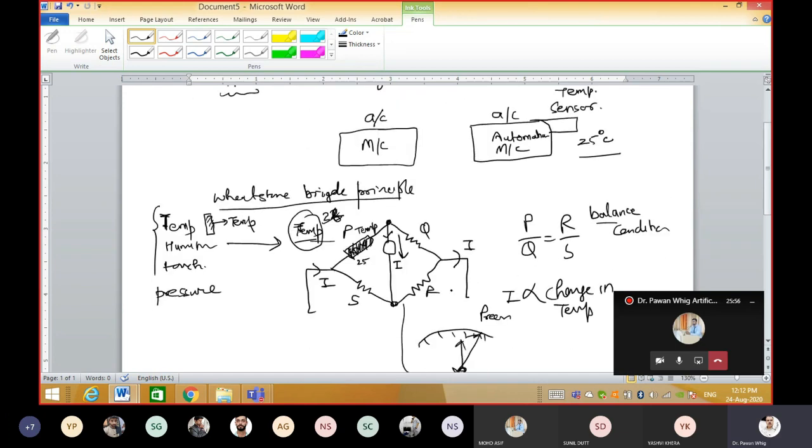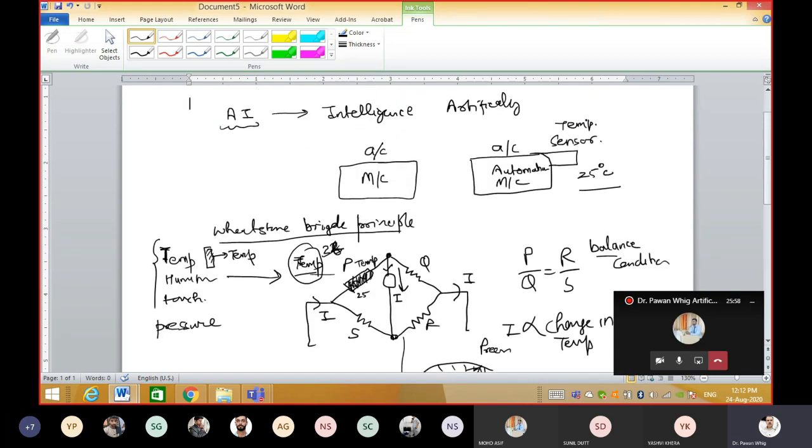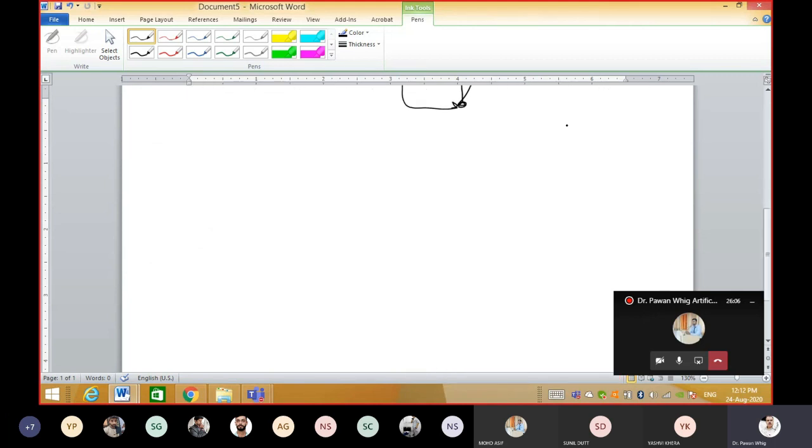Our aim is that we should learn how these sensors work. And there are two words you should understand. One is sensor and another one is actuator. Now what is a sensor? A sensor is something which senses from the atmosphere, from the environment.